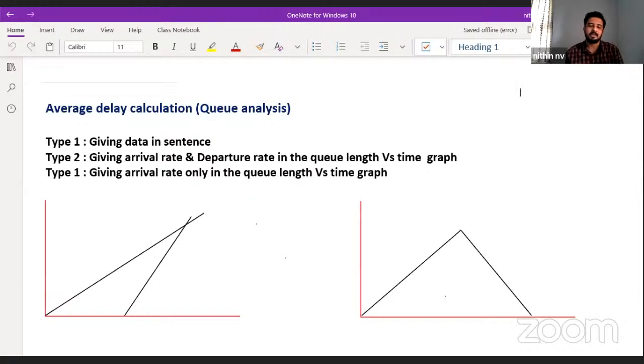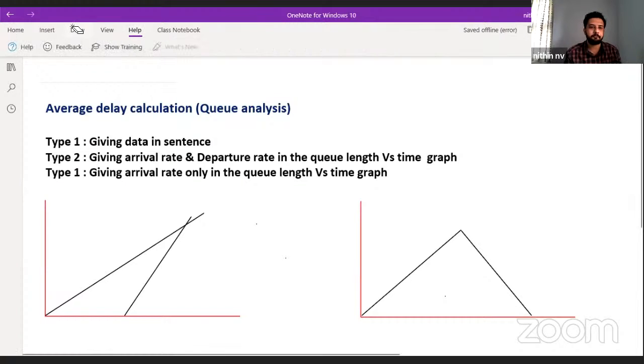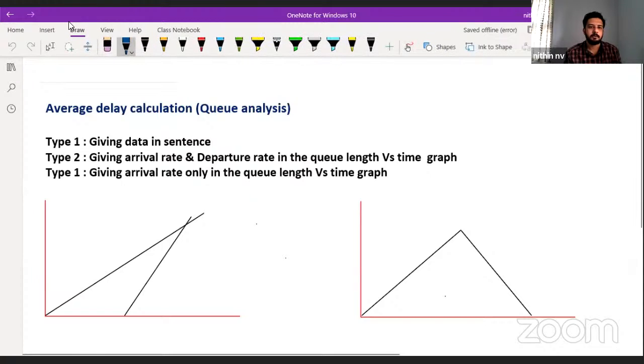The second is giving a graph. They are giving two lines. One line stands for the arrival rate of vehicles, and the other line stands for the departure rate of vehicles. So they will give two graphs or two lines or two rates like this.